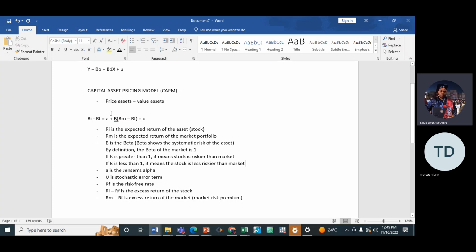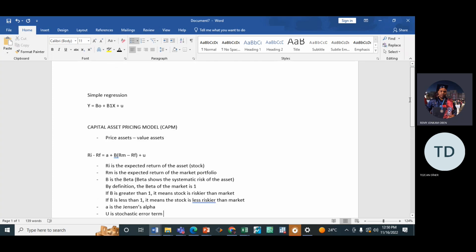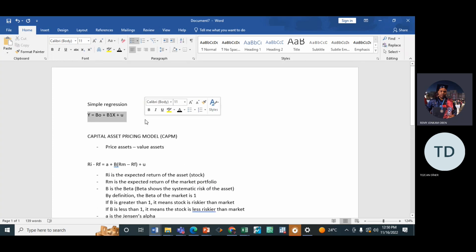So guys, this is the CAPM model. I've defined what everything here is. So actually these are regression coefficients. Let me come back to our general regression. When we are doing regression, we are trying to find this beta one, right? And when we get this coefficient, it will help us to know how much X affects Y, right?